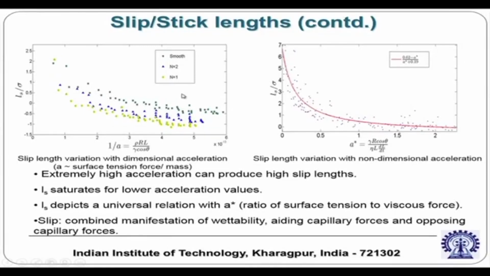parameter and so on. Now the scattering of the data shows almost a universal, generic characteristic if you non-dimensionalize the plot. That means the y axis is already non-dimensionalized; if you make the x axis a non-dimensional acceleration A star, you normalize the driving force with the viscous resistance.